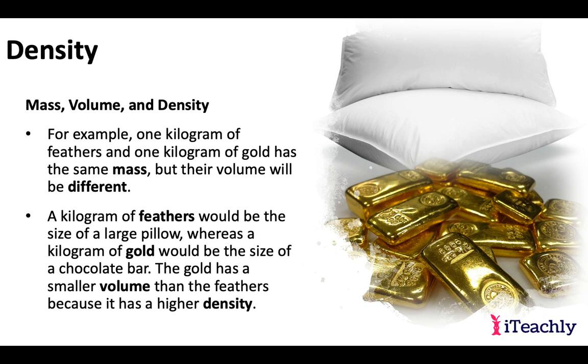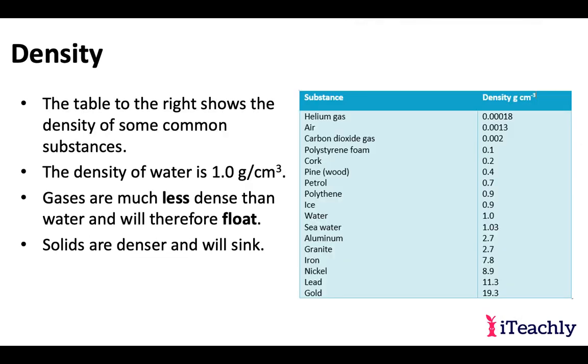So when we're looking at the density of these two objects, the density of gold is greater than the density of the feathers, even though their masses are the same. What is different is their volumes, which results in their densities being different.